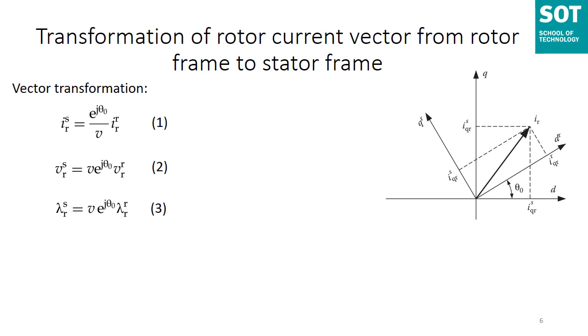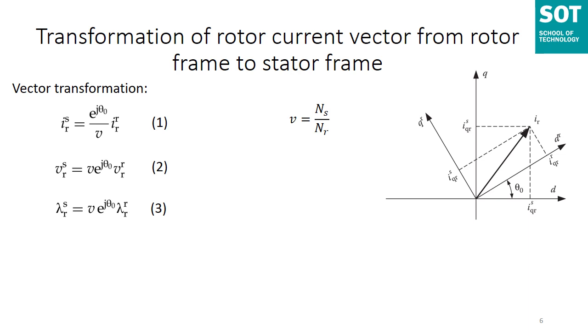And you divide it by the turns ratio v, which is equal to the ratio of the number of turns per phase of the stator winding, N_S, to the number of turns per phase of the rotor winding.